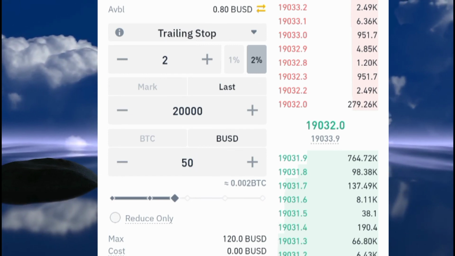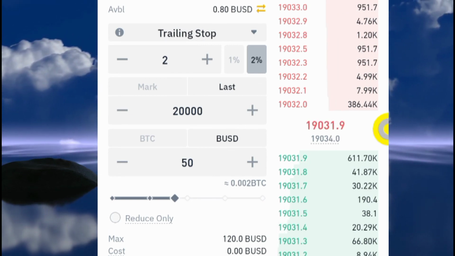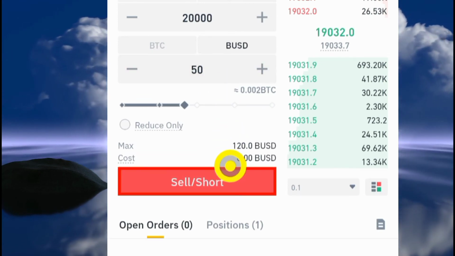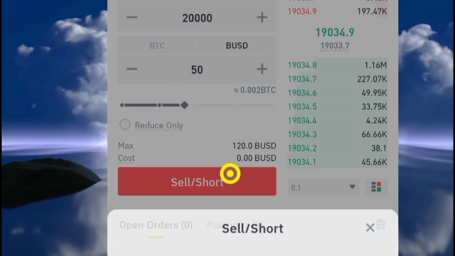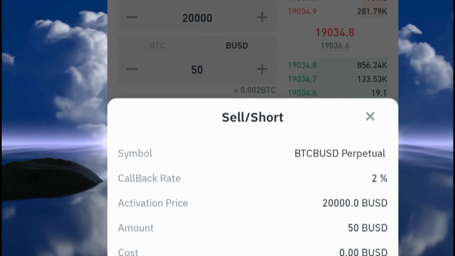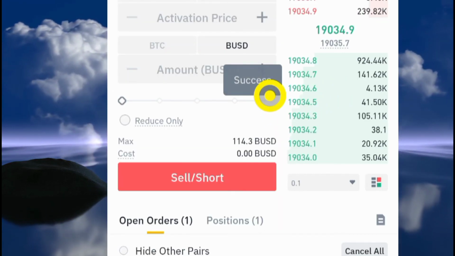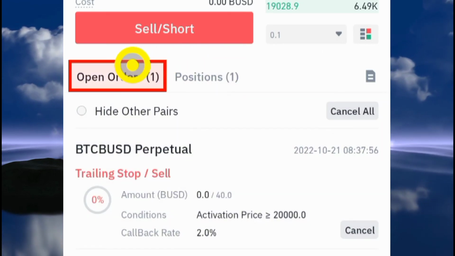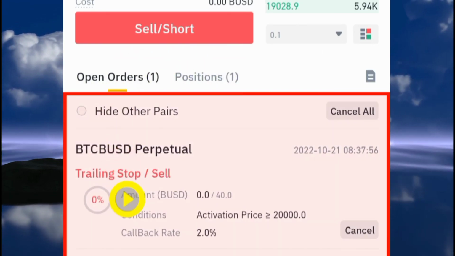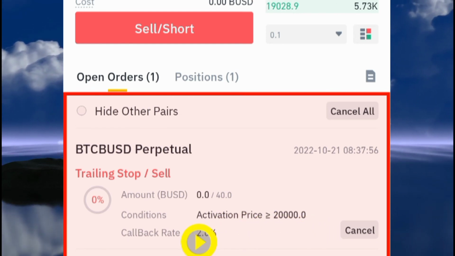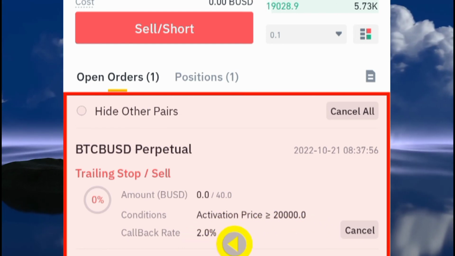Sell the 50 I bought earlier on. So I'm gonna click on sell, and click on the confirm button. As you can see now, we've got a success. If you look very closely here, you can see I have an open order. You can see it has an activation price of 20,000, a callback rate of 2%. So that's basically how this works.